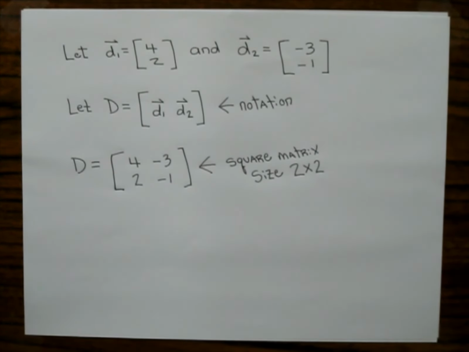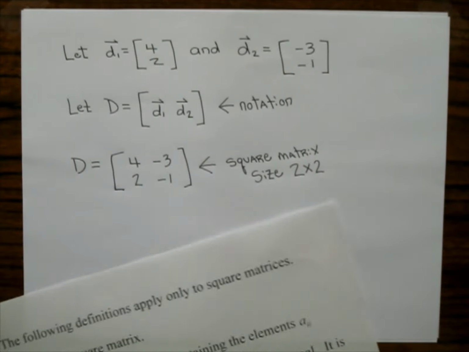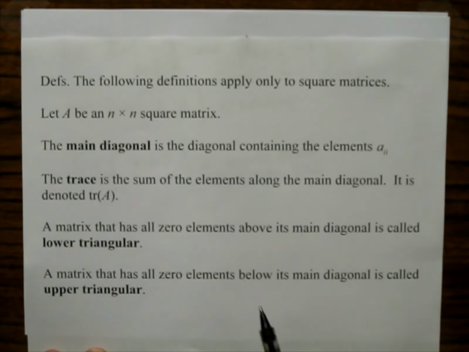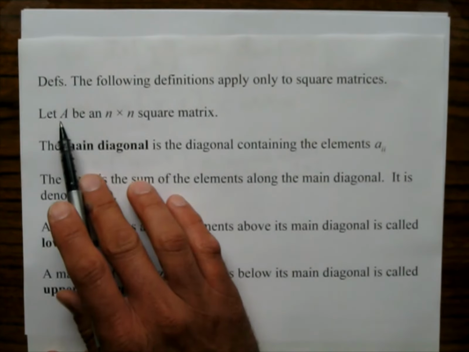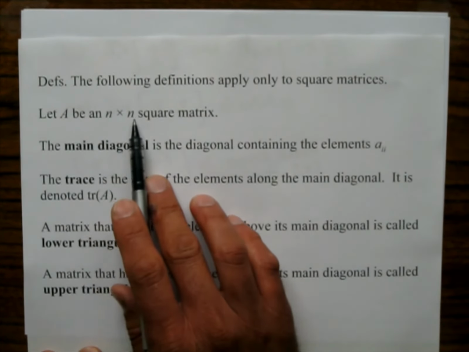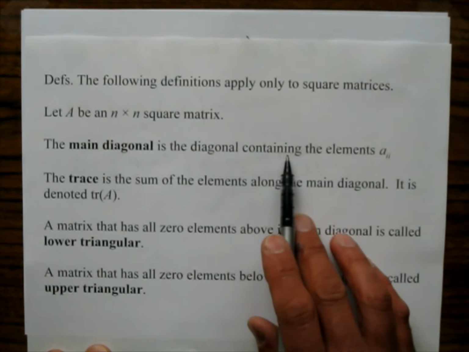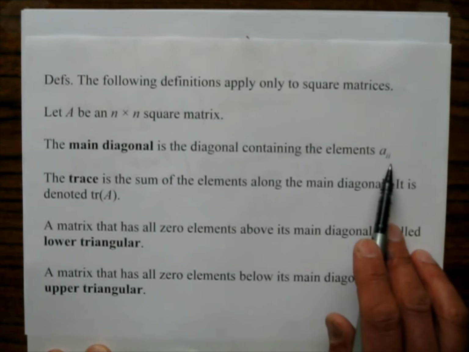Okay, let's take a look at some more definitions. On the definition sheet, we take a little turn here. The next several definitions will apply to square matrices only. So A is an n by n square matrix. The main diagonal is the diagonal containing the elements aii.